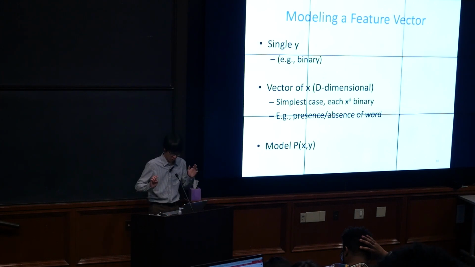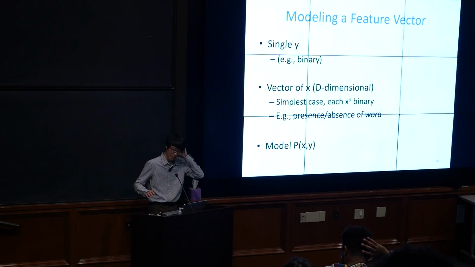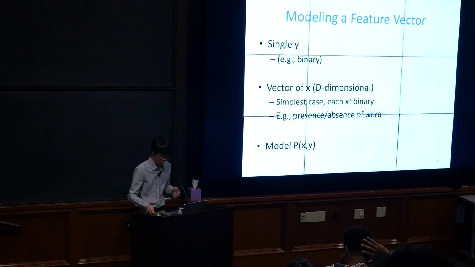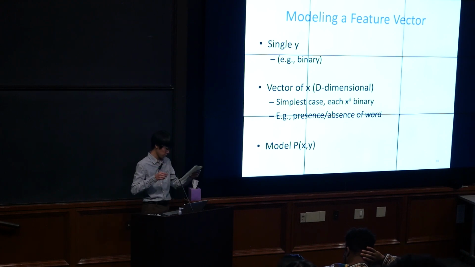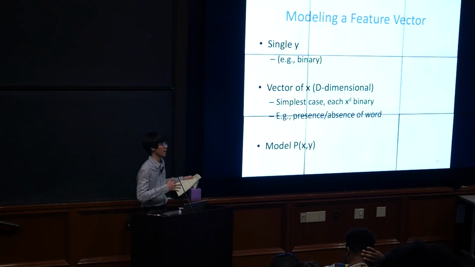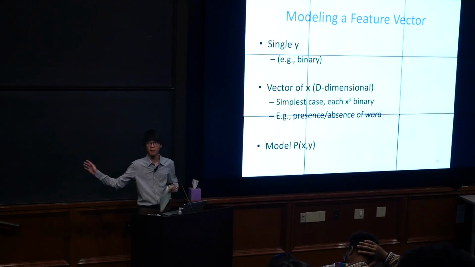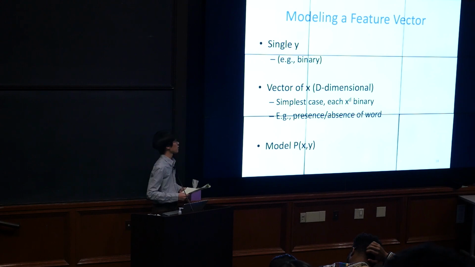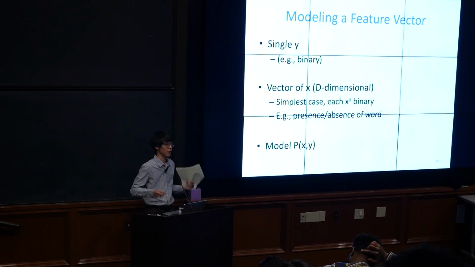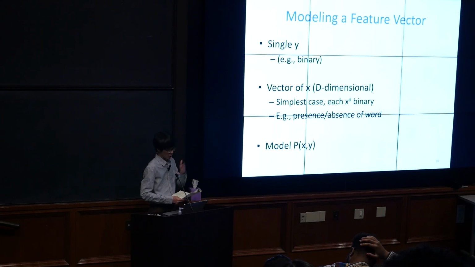Just to set this problem up, because we need to be able to talk about this in a rational way, we're going to structure this in a supervised way again. We're going to start with supervised learning, and then we're going to take that away eventually. So again, let's assume that we have some single y. So this is spam or not. It could be binary. And then we have some vector x that's d-dimensional.